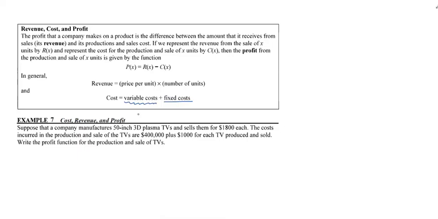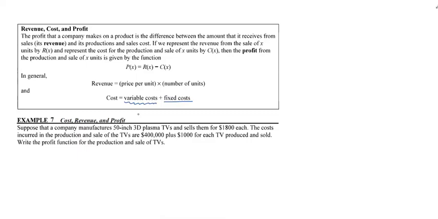Example 7, cost, revenue, and profit. Suppose a company manufactures 50-inch 3D plasma TVs and sells them for $1,800 each. The costs incurred in the production and sale of the TVs is $400,000 plus $1,000 for each TV produced and sold.